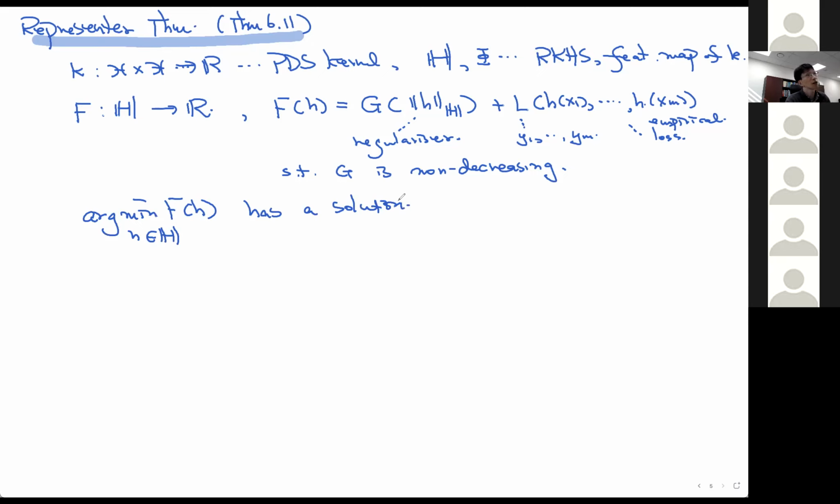So we are thinking about an optimization problem on the Hilbert space H, which has this regularizer part and this empirical error part together, and we are assuming that the problem has a solution. Some optimization problems don't have a solution, but here we are assuming it has one.